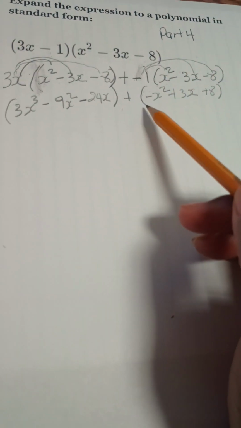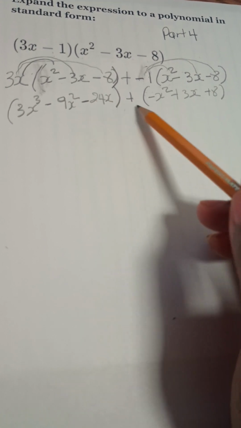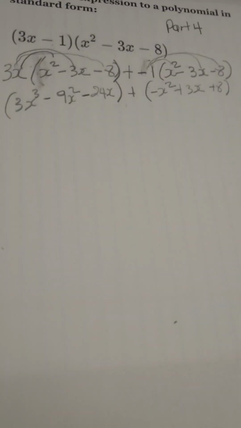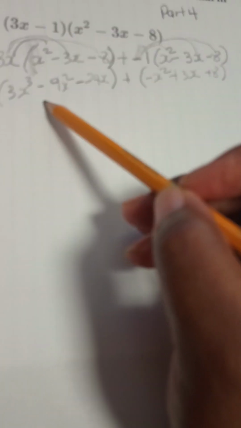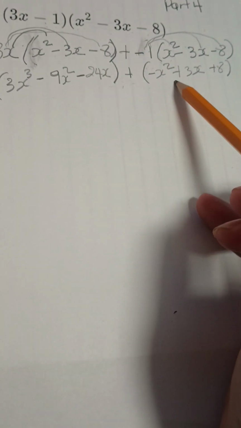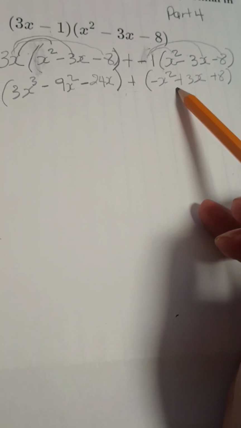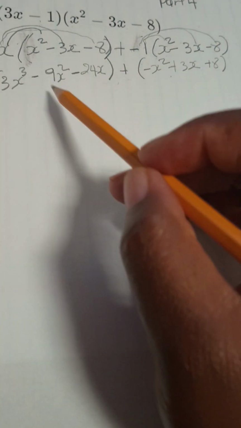I'm going to take these out of the parentheses now. I could have done it at this step, but I just want you guys to see it. So now I'm going to take it out and combine like terms. You can, however, combine like terms here with the parentheses, but for you not to make an error, we're just going to take it out.